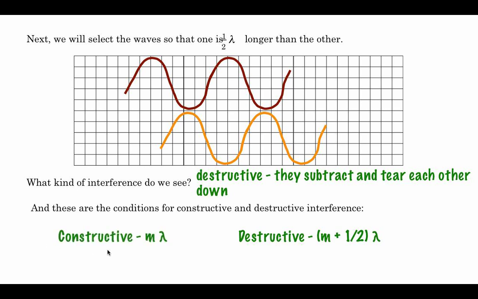When I have constructive interference, it means 2 waves are interacting that have a shift of a full number of wavelengths. So one wave could be off by 2 lambda, the waves could be off by 3 lambda. As long as they are off by a full measure of a wavelength, they're going to interfere constructively.